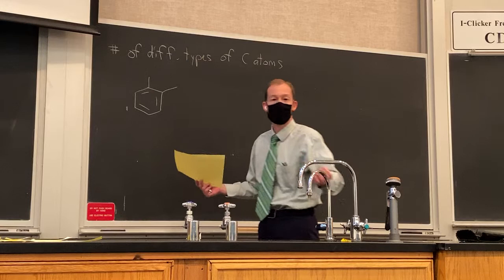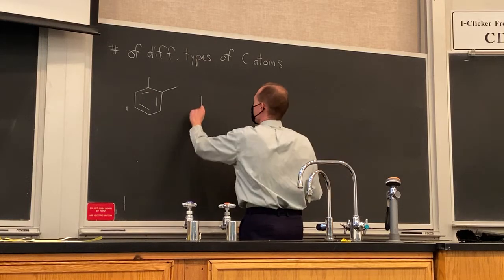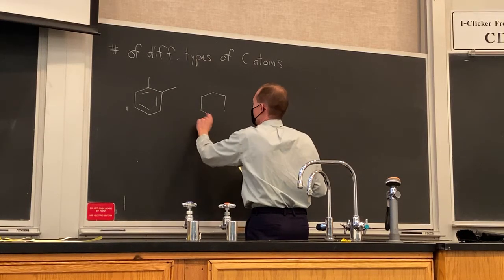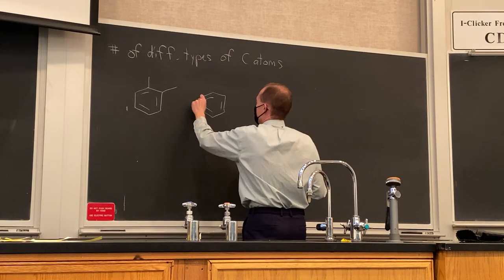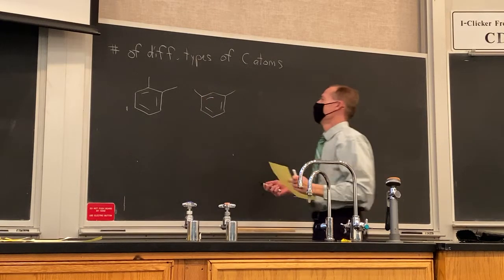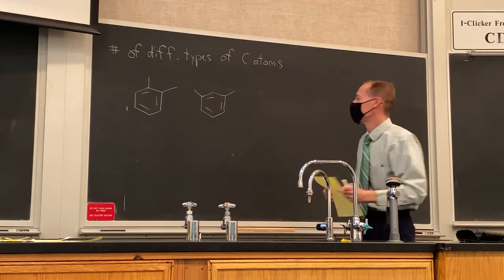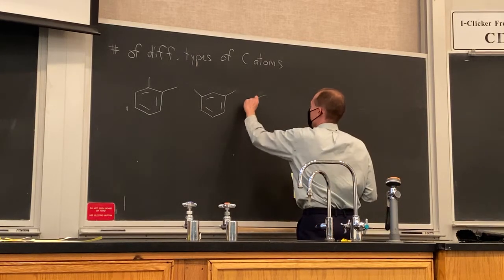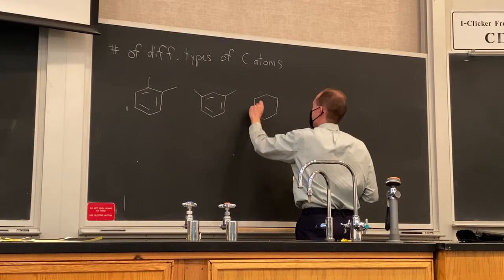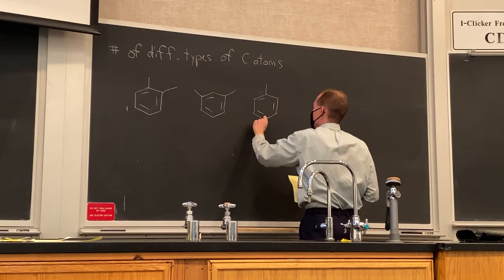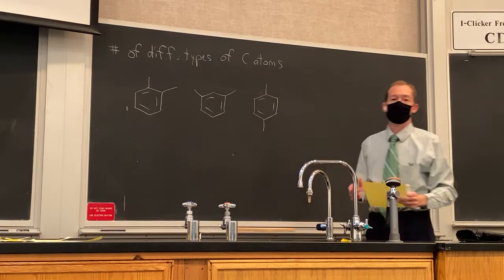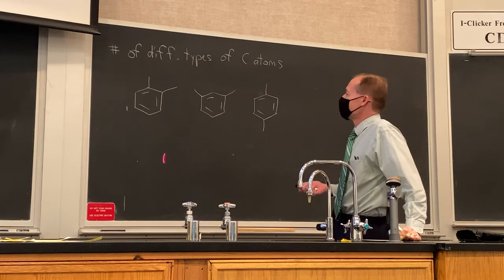You could have the methyl groups adjacent to each other. You could have the methyl groups in a 1-3 relationship. And you could have the methyl groups in a 1-4 relationship, or opposite each other on the ring.